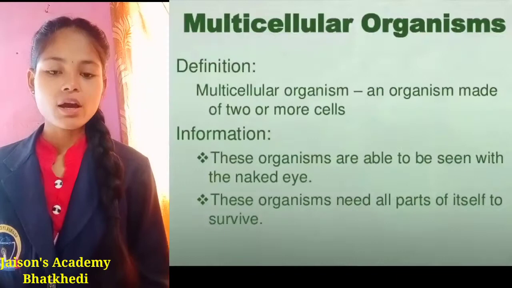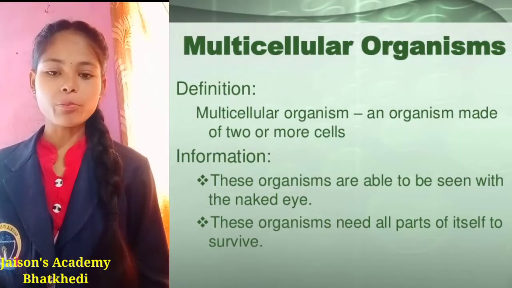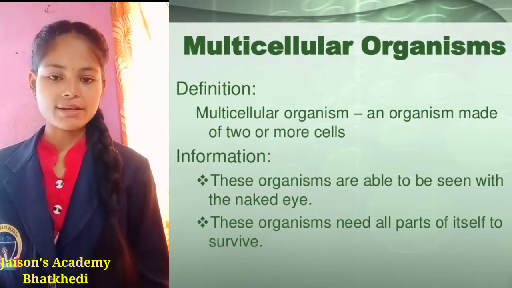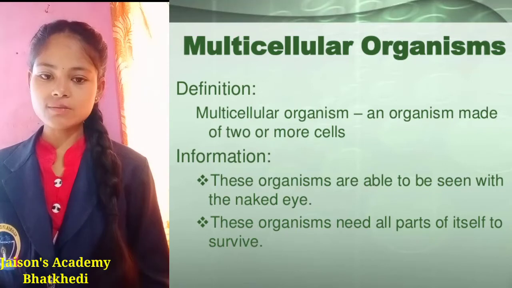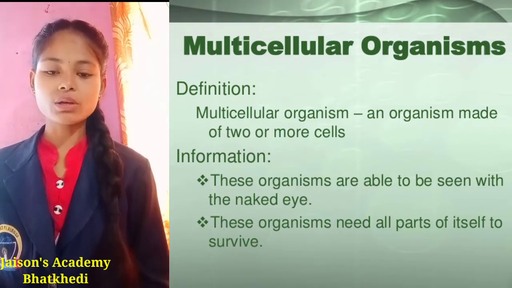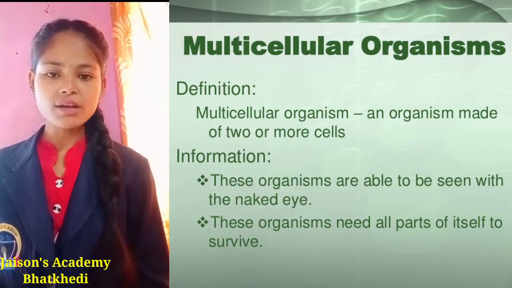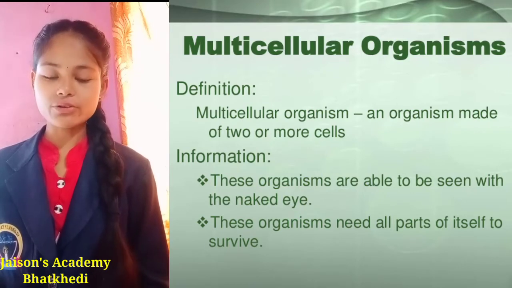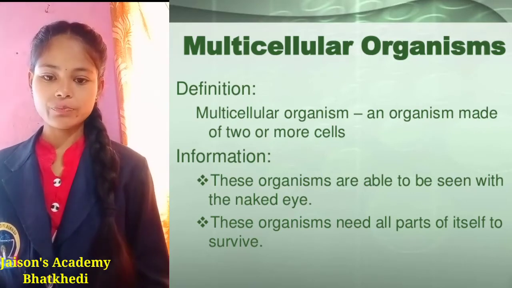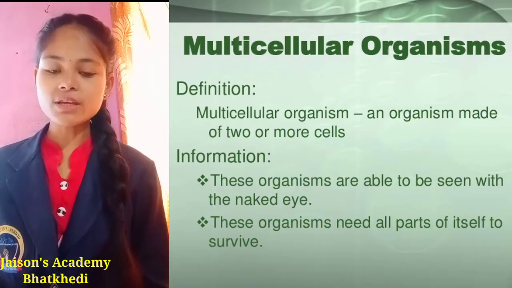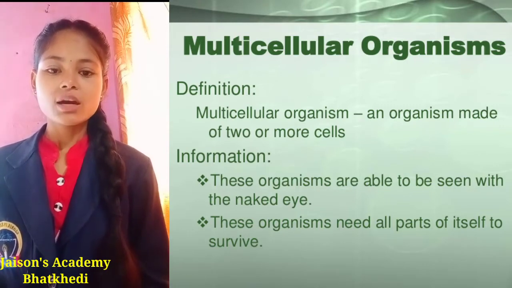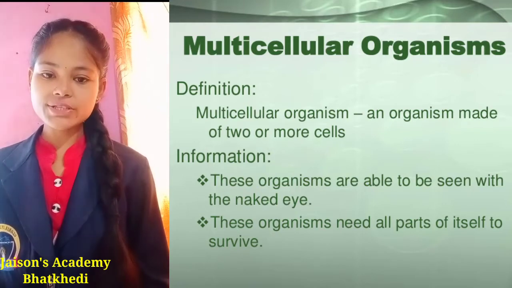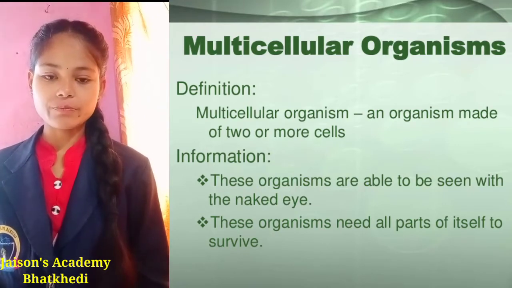On the other hand, the organisms whose body is made up of multiple cells or many cells, they are called multicellular organisms. Now, if you see the body of unicellular organisms, it must be simple because only one cell is present, and whatever functions required for that organism is performed by a single cell. And in multicellular organisms whose body is made up of multiple cells, their body's work or function is divided among the various cells.